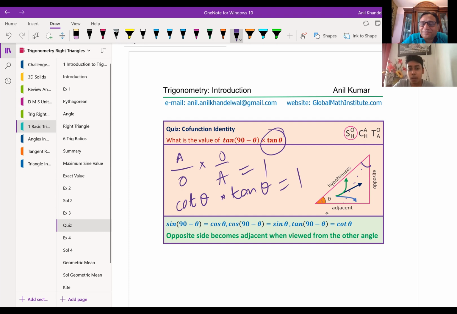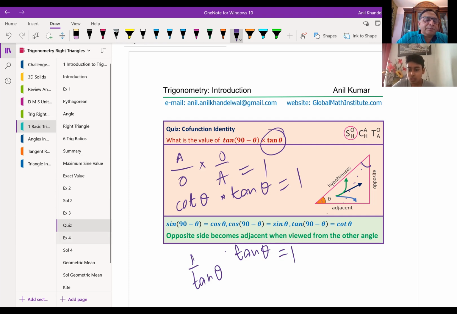So basically, we're just applying the cofunction identity. We use one instead of the other when the angle is 90 minus theta. Very important result, so that's why I took it up.